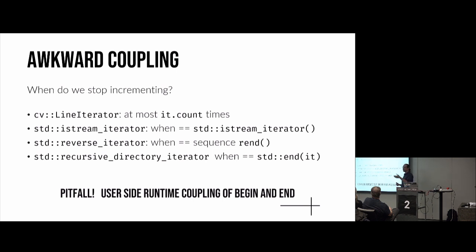If we pass the beginning iterator of one sequence and the end iterator of another sequence, the types still match if the underlying types are the same, but now we have undefined behavior. We're actually requiring the user to make sure that they pass the begin and end iterators of exactly the same underlying sequence, otherwise, not other people's problems. And that's an abstraction problem that can cause undefined behavior.